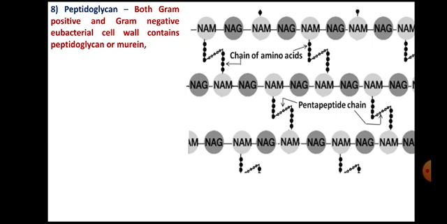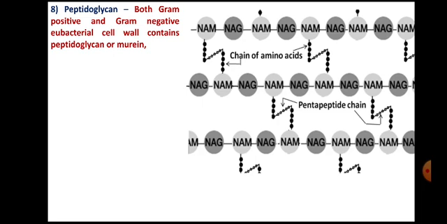Peptidoglycan is also called murein. In case of Archaebacteria, it is called pseudomurein because the composition of this peptidoglycan in the archaebacterial cell wall is slightly different.